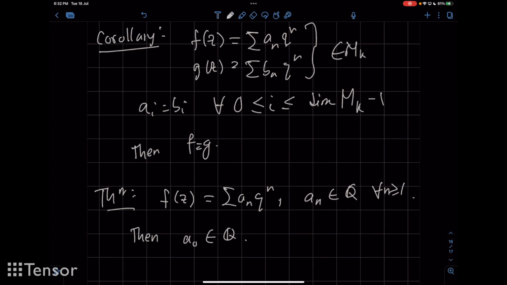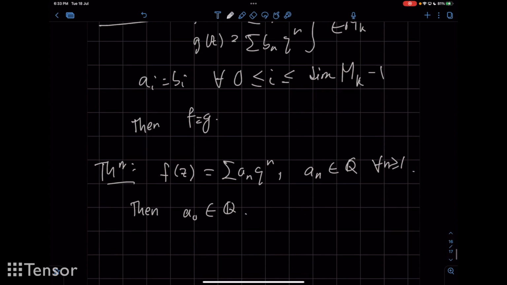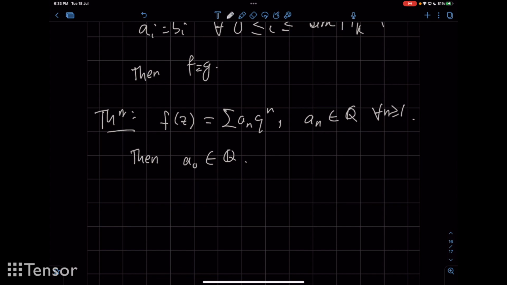It may not tell us what the value of a_0 is, but it tells us that a_0 is a rational number. That's a very nice insight.